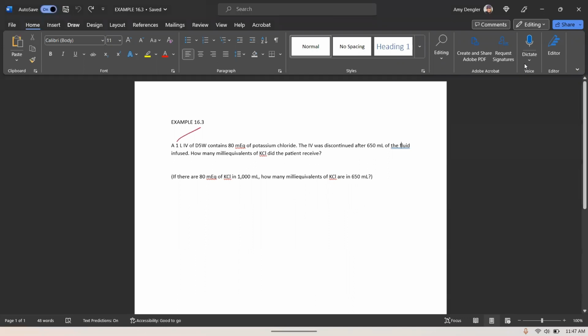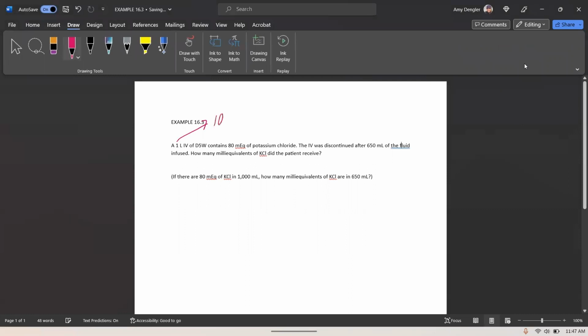So remember again, our 1 liter is equal to 1,000 milliliters. So we're going to do a proportion. So we want to know how many milliequivalents. So X milliequivalent over this.